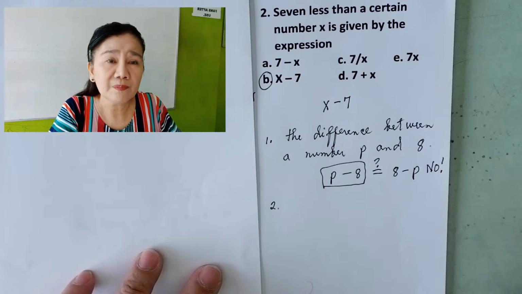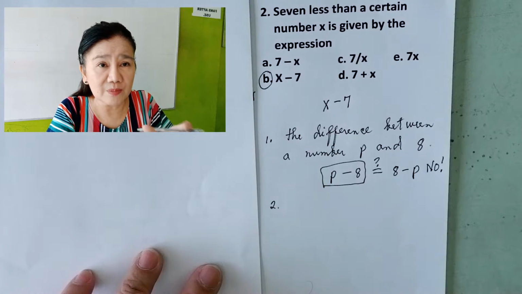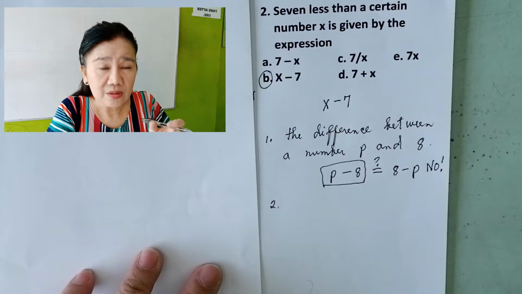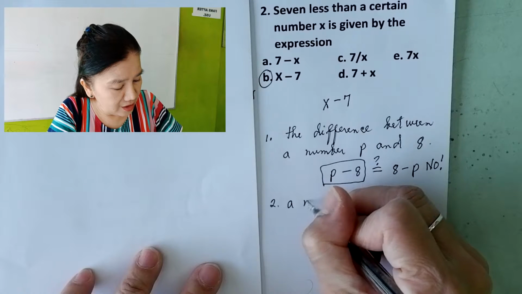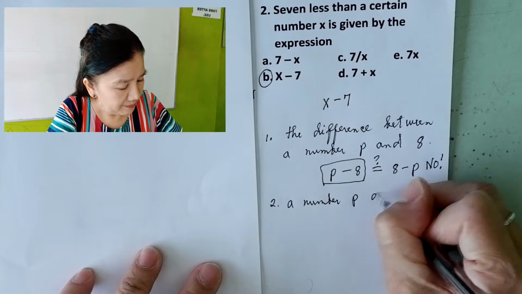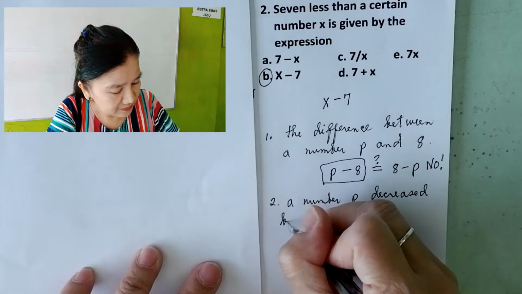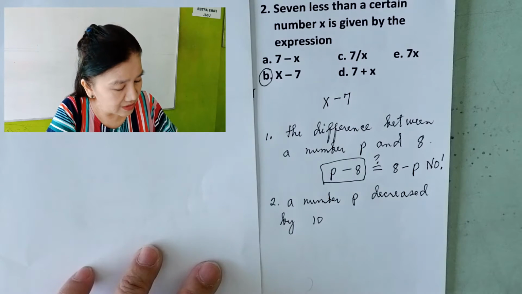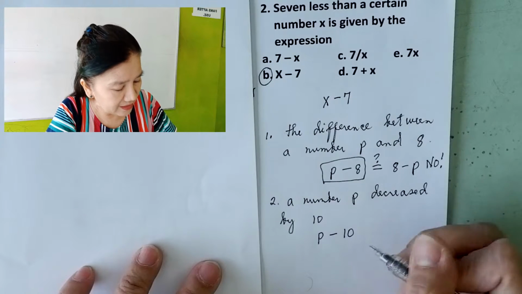What else? Decreased by. The phrase decreased by is used to denote subtraction. So let us say we have a number p decreased by 10. A number p decreased by 10. So we have the number p decreased by 10.